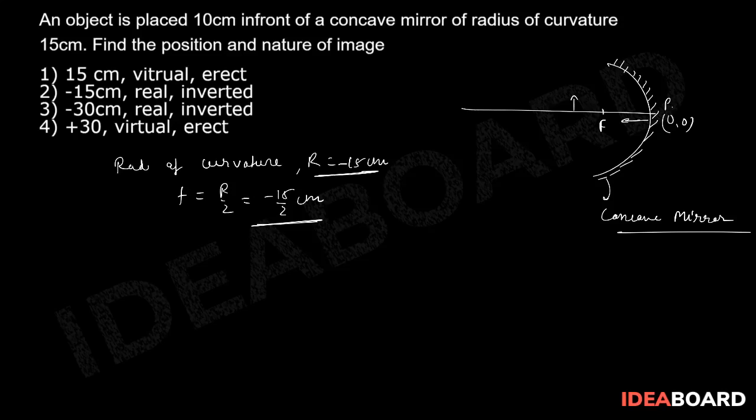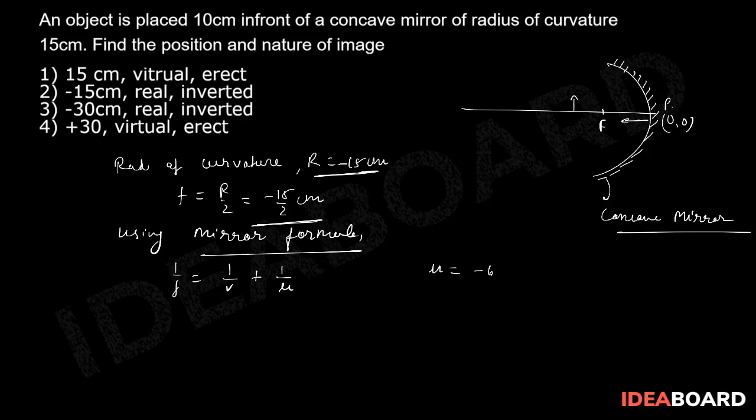So we have the mirror formula. Using the mirror formula, which is 1 upon f is equal to 1 upon v plus 1 upon u. Put the values. So what is the value of u? u is given to be minus 10 centimeters, right?